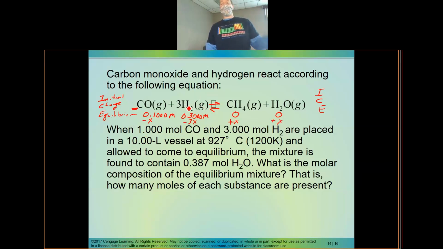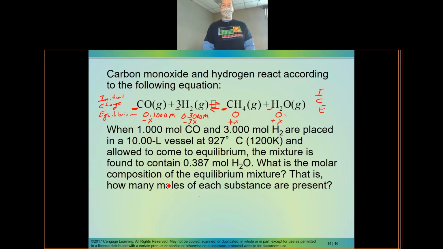Our H2 is going to decrease by a 3x amount. We can't have zero, so we're going to form some CH4 and H2O, an x amount each, because the coefficient is 1.